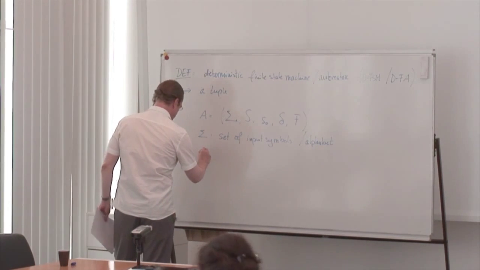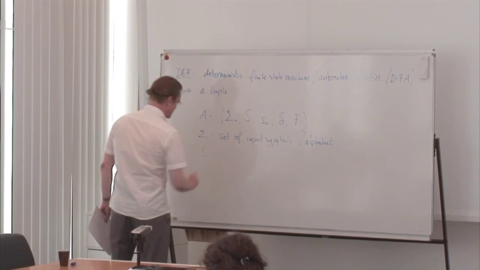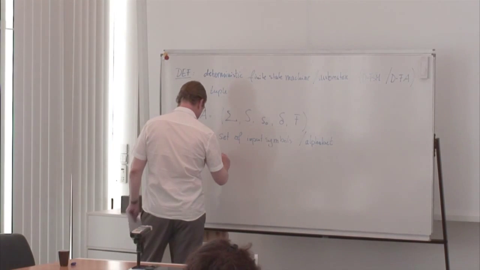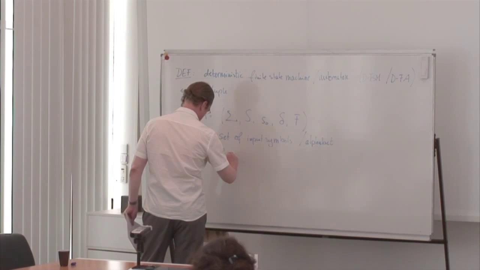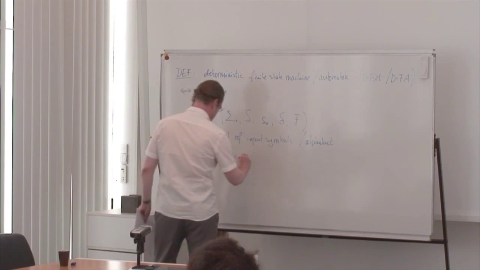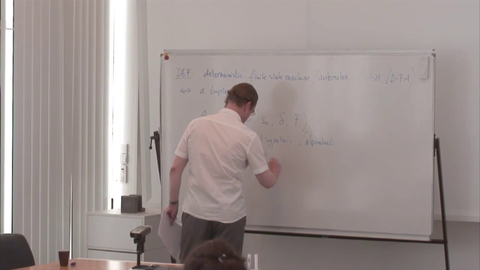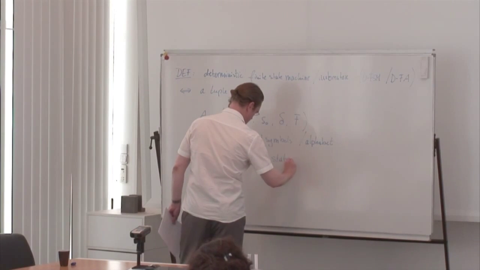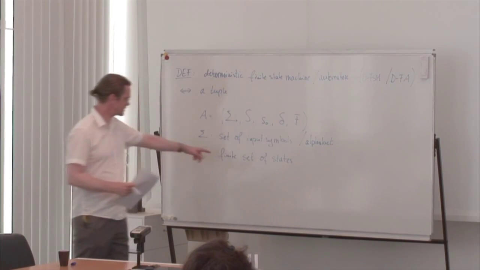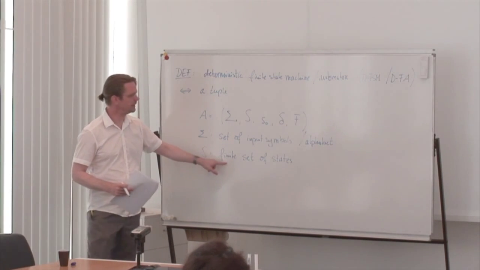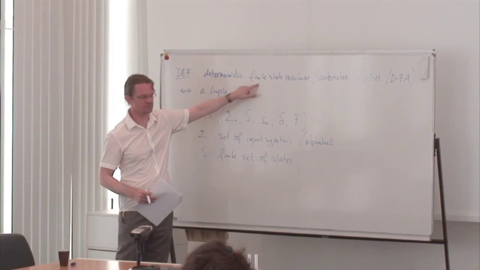And the second element is another set. This is important here. It's a finite set. I'm stressing this finite set of states. This finite here is what gives the whole thing the name finite state machine.